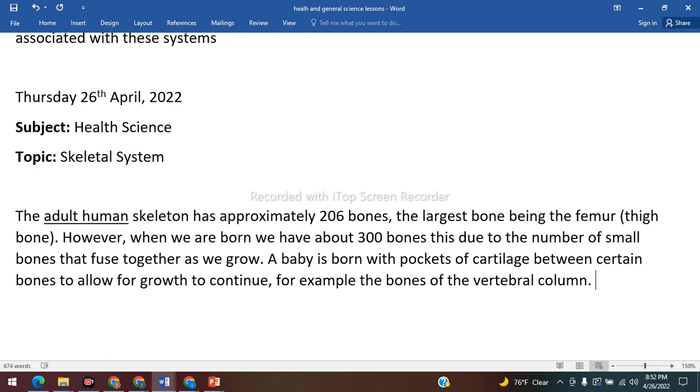So they are born with bones such that it's going to allow them to grow and fuse together. The pockets of cartilage between the bones allow growth to continue, because obviously you're a baby, so the body knows this isn't how it always will be, so it makes room so that when you grow up, the growth can be smooth.